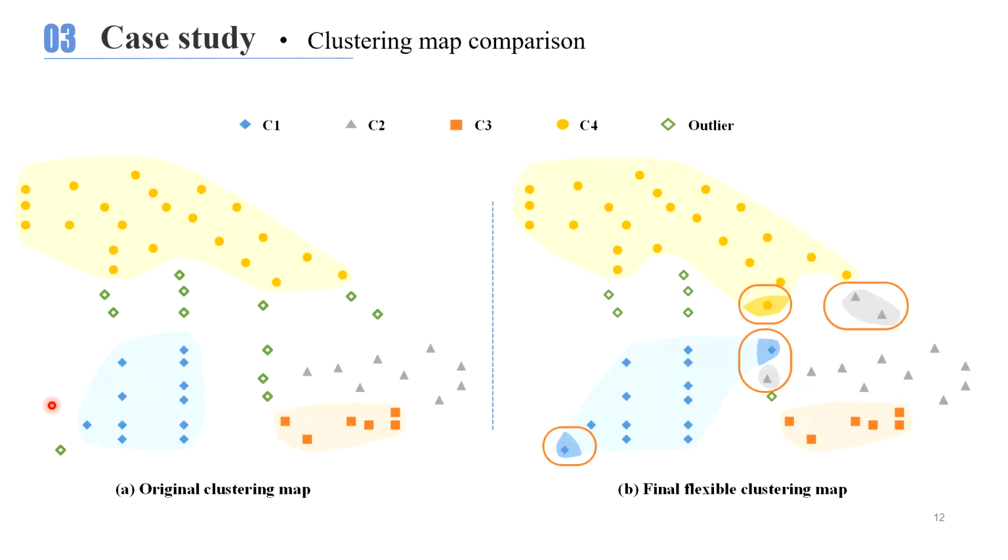Well, the left figure shows the basic clustering map generated by conventional density-based clustering approach, where all buildings in this district are divided into 4 basic clusters, and the final optimal clustering map is shown in the right figure, where 6 outliers are added into the 3 basic clusters, and the rest outliers maintain standalone.